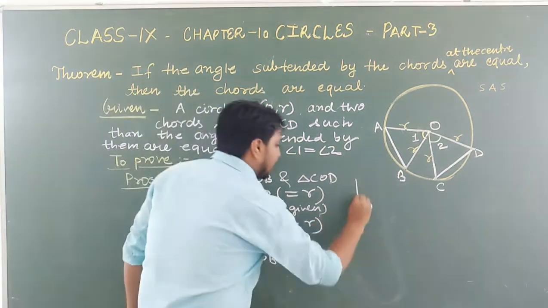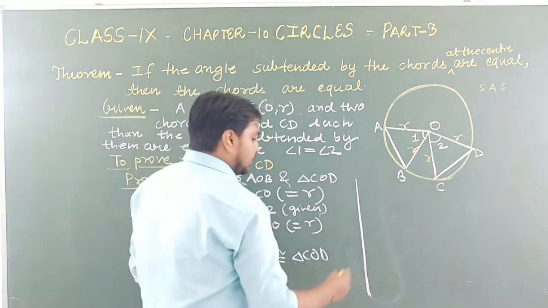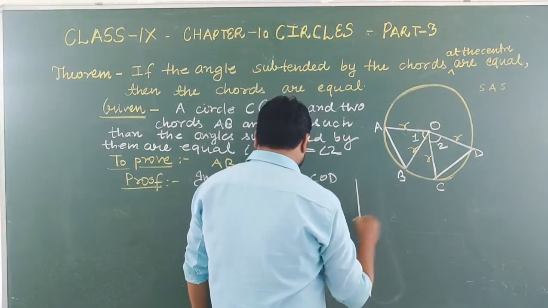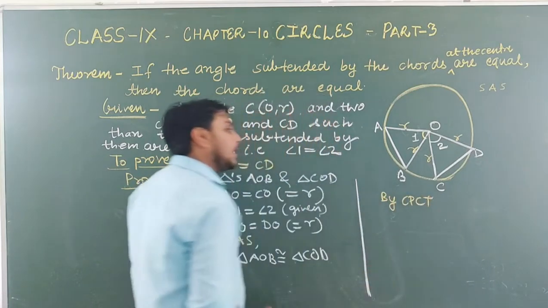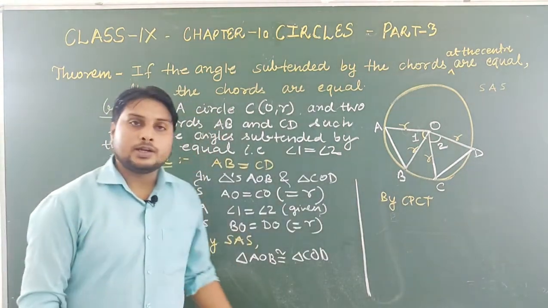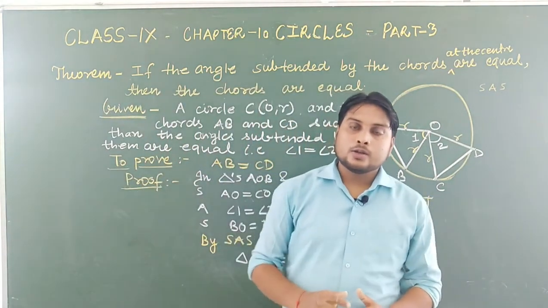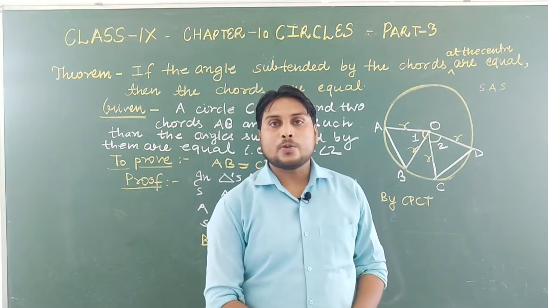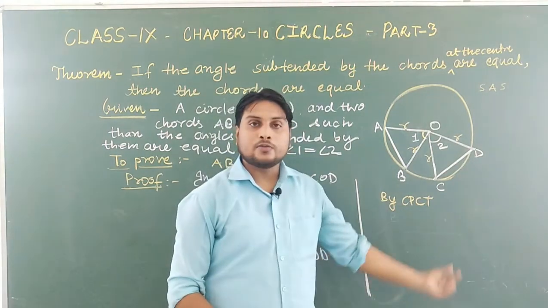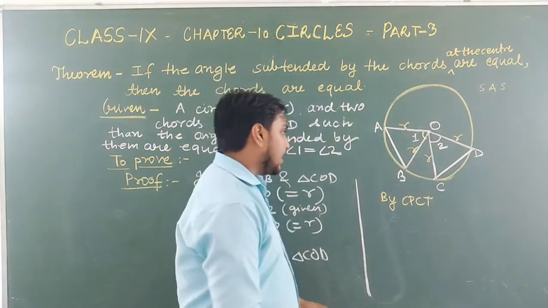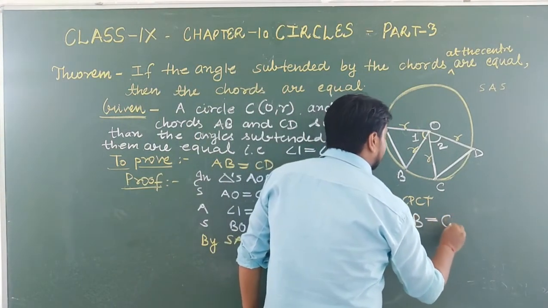Now students, once we have proved that these two triangles are congruent, then it is very easy to understand that their corresponding parts which are congruent will be equal. So by CPCT, means corresponding parts of congruent triangles, we can say that the side AB, means the chord AB, will be equal to the chord CD.